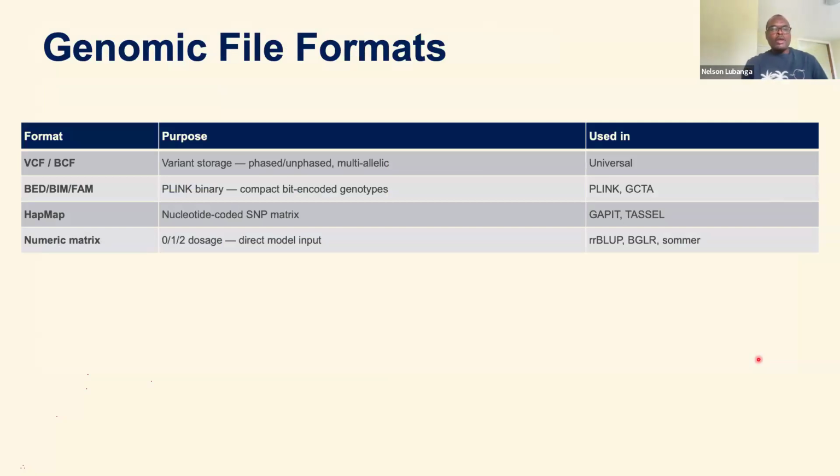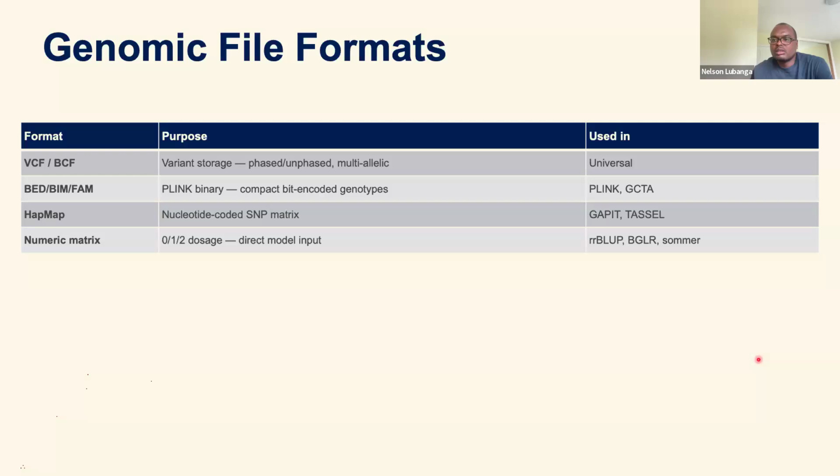So we'll move to genomic data formats, file formats. We have the VCF and its binary sibling, the BCF, which is one of the universal exchange formats for storing variants with full flexibility.